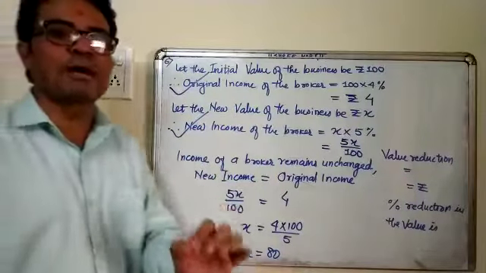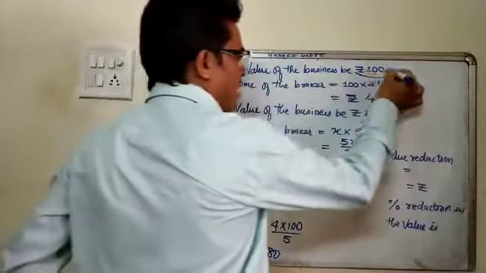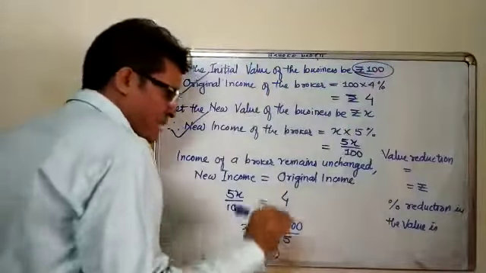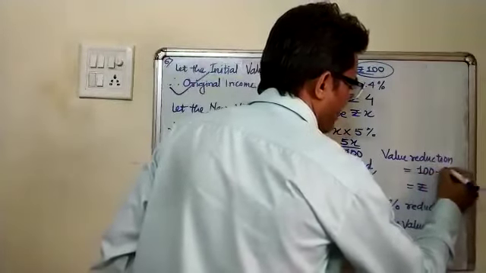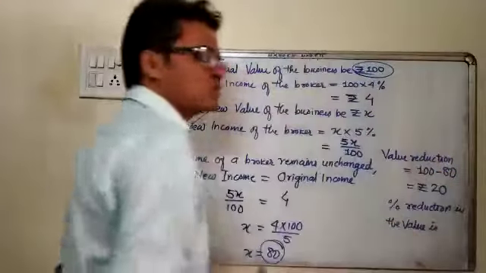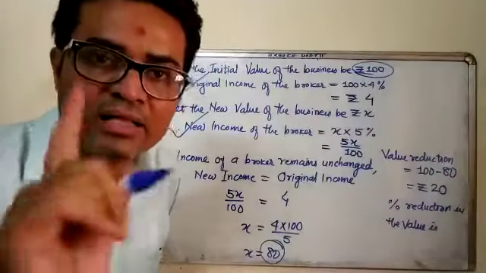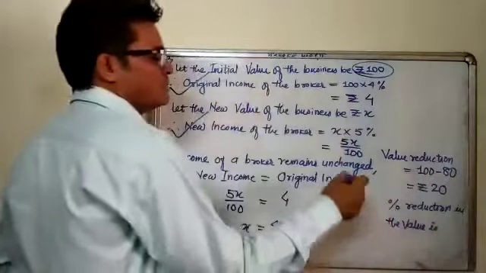So first we find the reduction value. Already business कितना था? 100 rupees का. Next new कितना हो गया? 80 rupees. So अगर आपका बिजनेस 20 rupees में रिड्यूस हुआ, we require it in percentage form, the percentage reduction in the value of the business.